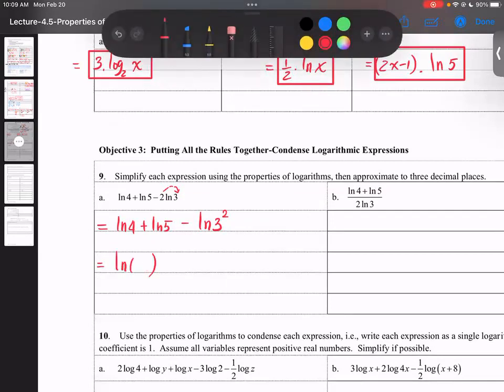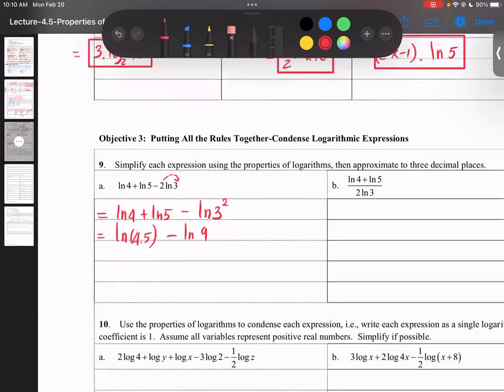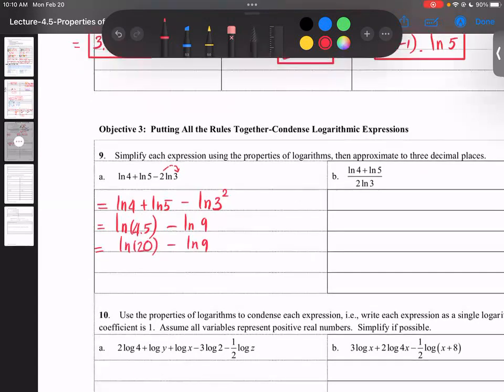Maybe I'll write out 4 times 5, so when you go home, look at my notes, you can see where 20 comes from. Minus ln of 9. So ln of 20 minus ln of 9. Now I can use the quotient rule, right? Thank you. So ln of 20 divided by 9.